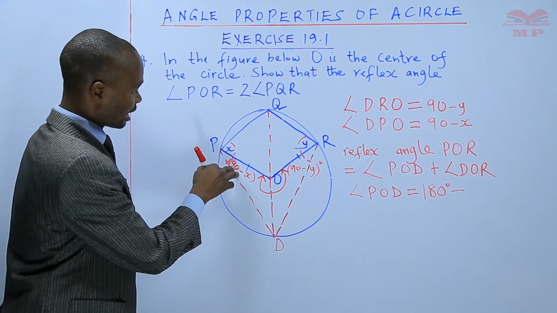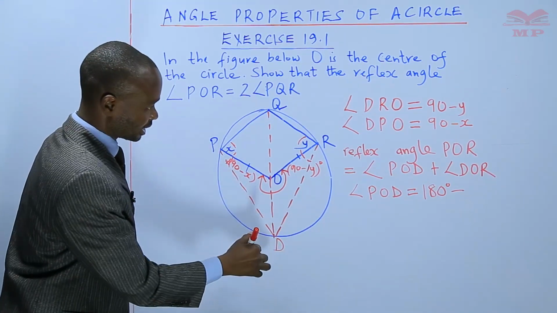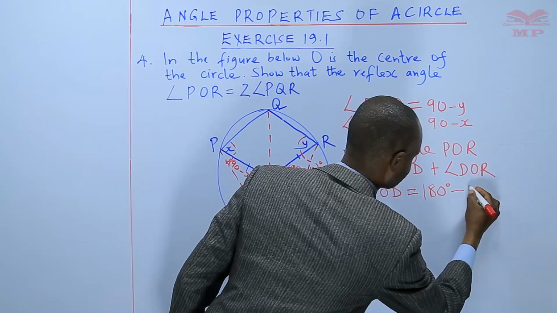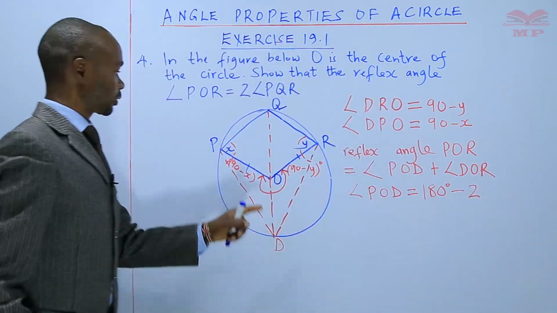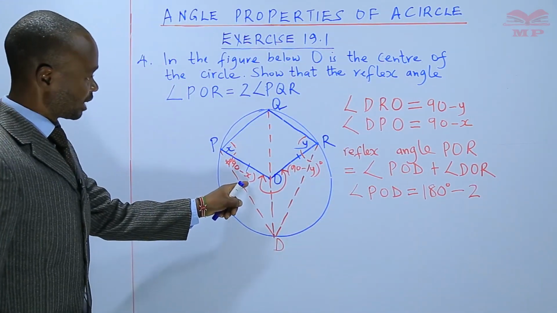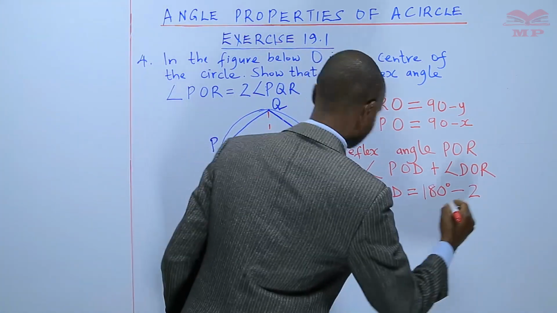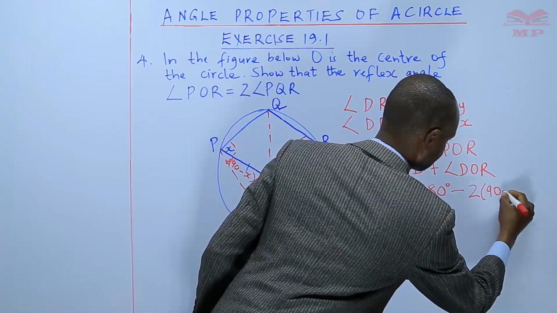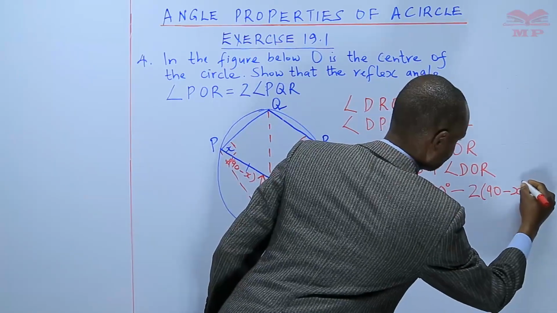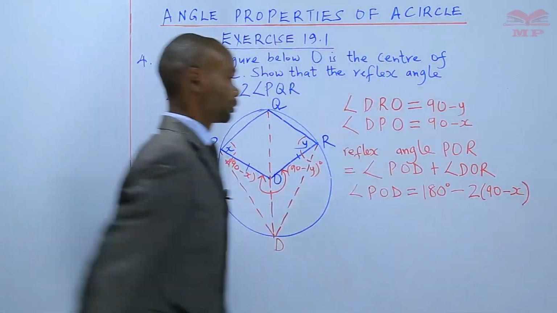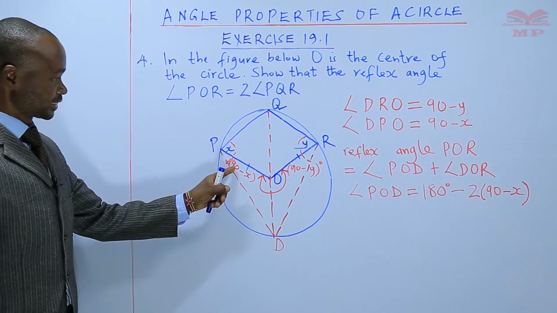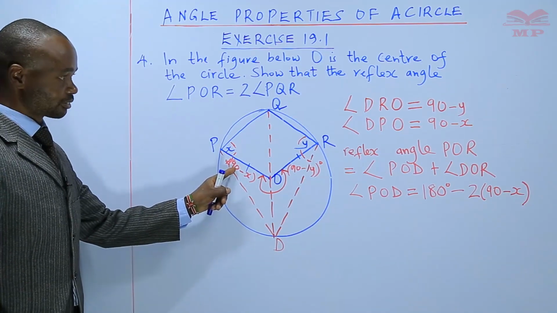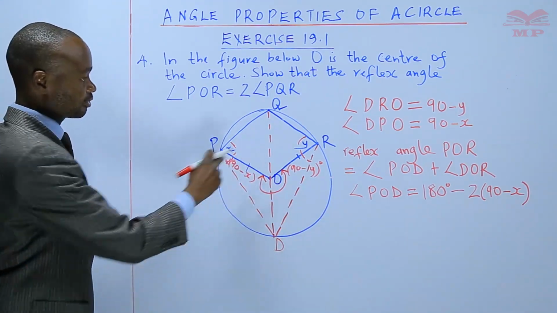So it will be this angle plus that angle, which is simply twice 90 minus x. Twice this angle subtracted from 180, I'll get POD.